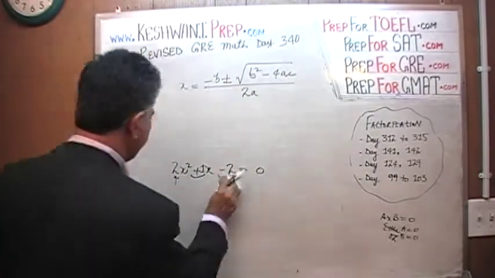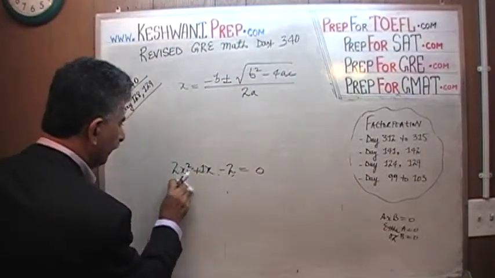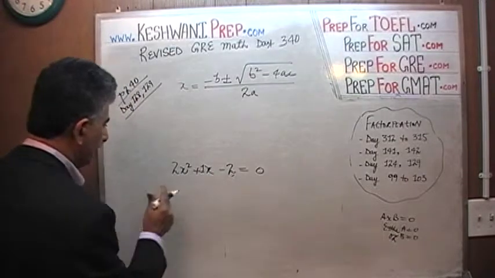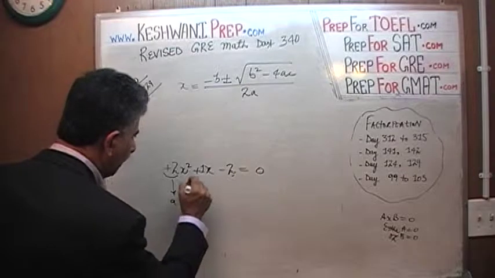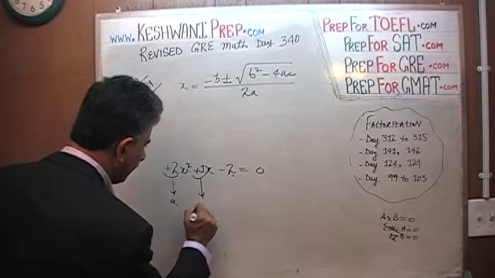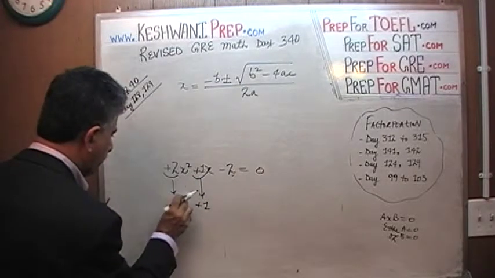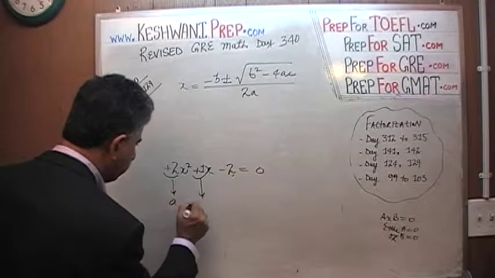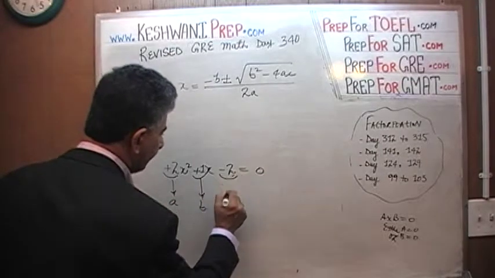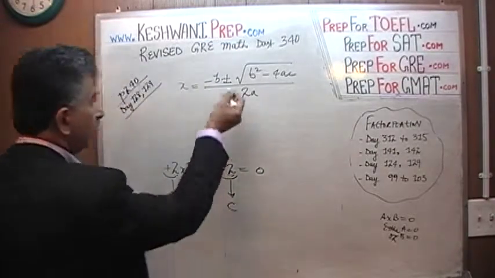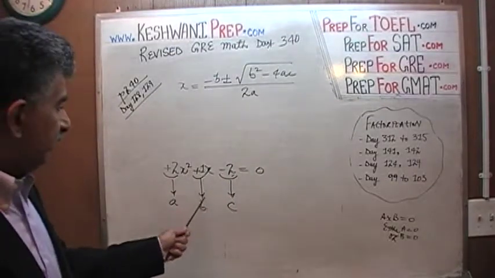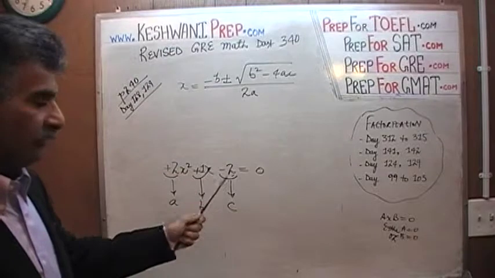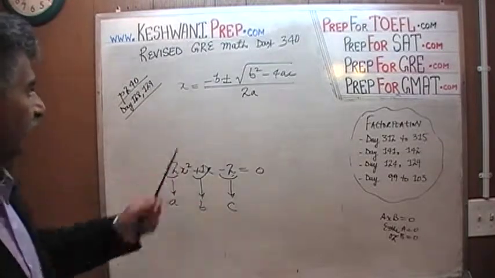Now in our case here, in this equation, our a is positive 2, our b is positive 1, and our c is negative 2. Those are the values that are going to go here. a represents the coefficient of x squared, b represents the coefficient of x, and c represents the constant. Let's put them in here.